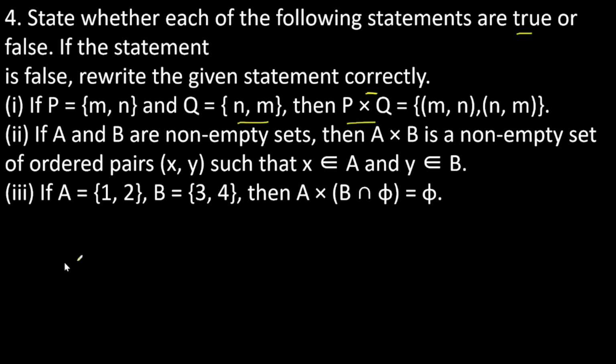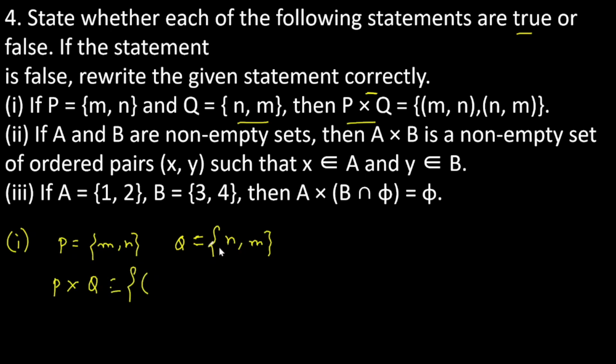We have to justify whether it is true or false. So P is given as m, n, and Q is given as n, m. If we find P cross Q, what are the elements? (m, n), (m, m).